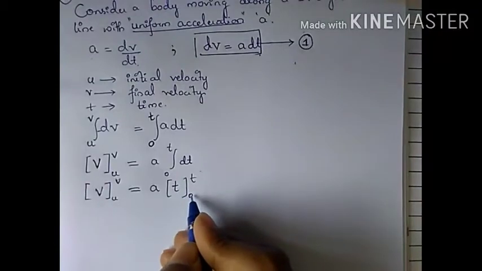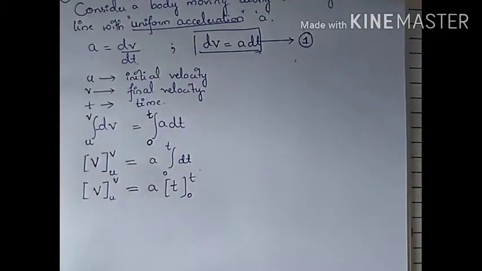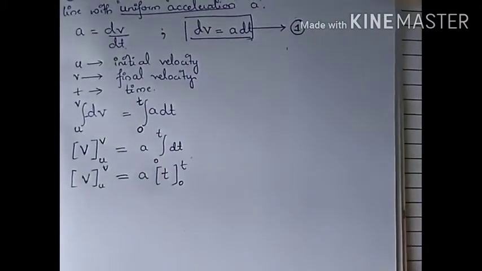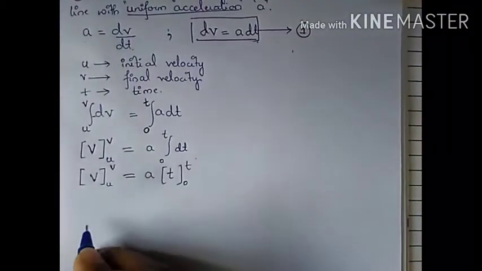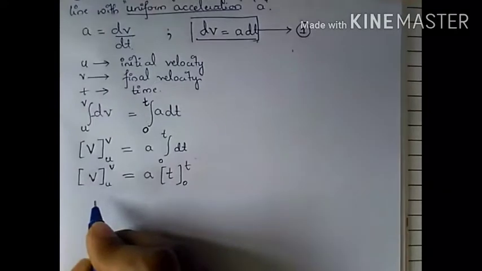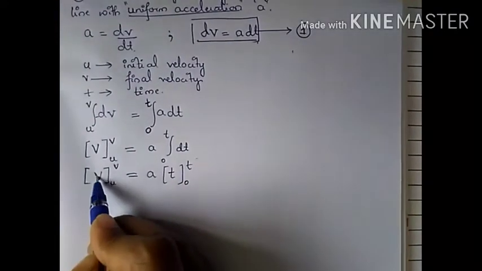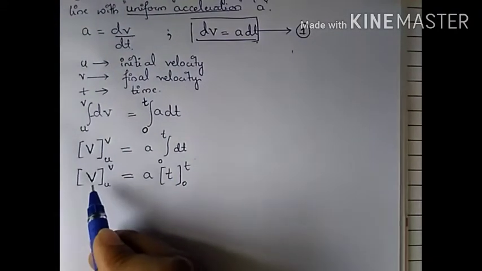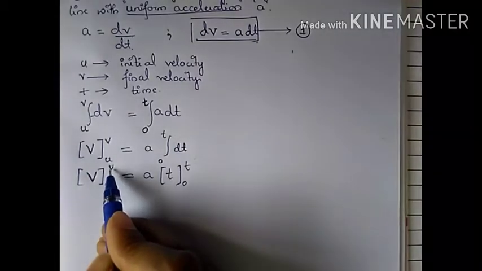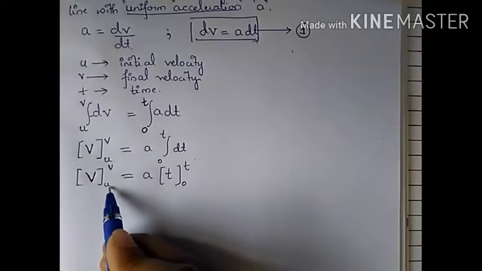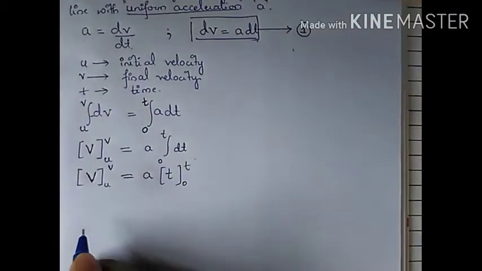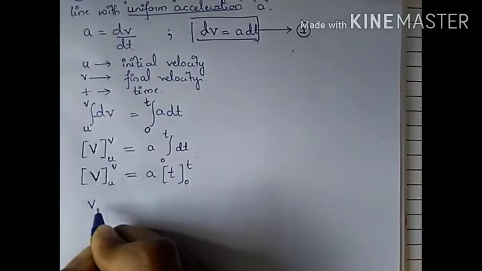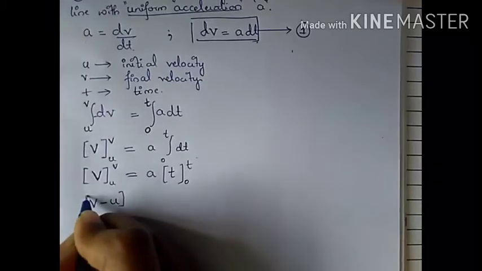Now substitute the final limit and initial limit in the given value. Whenever you do integration, you will get a value. You have to substitute the final value and initial value, and take the subtraction of that. So here v minus u.